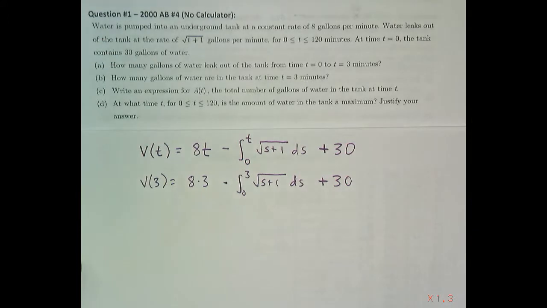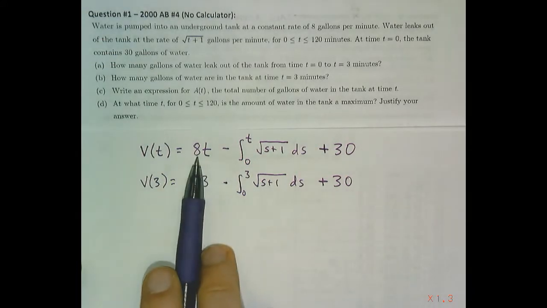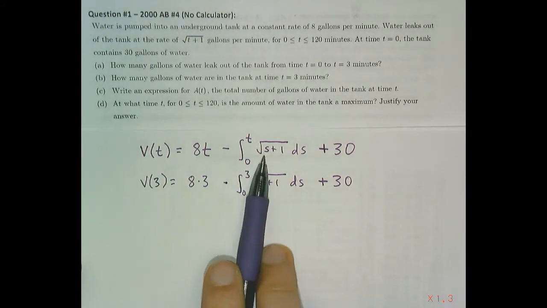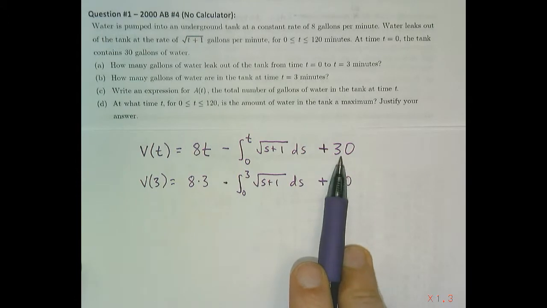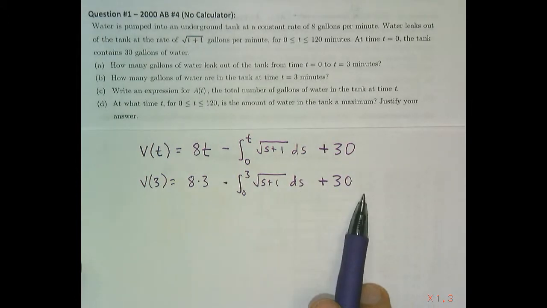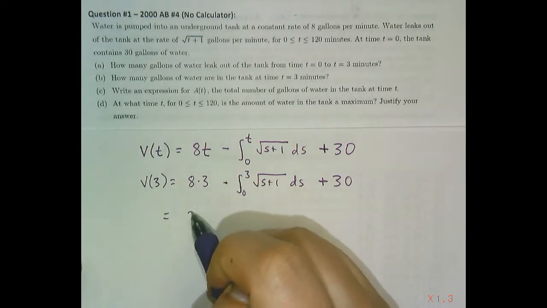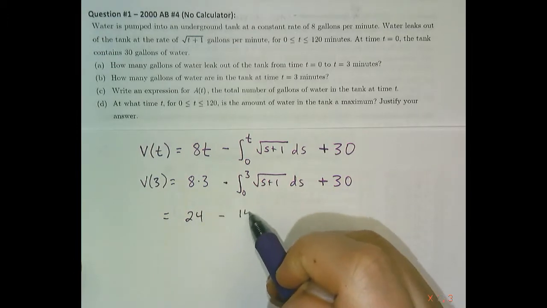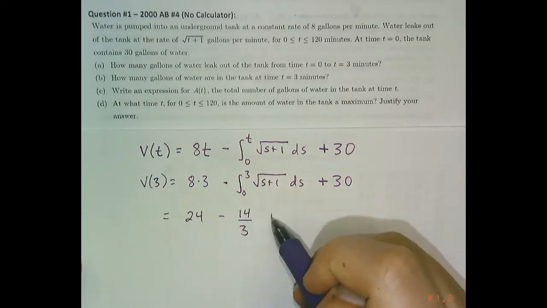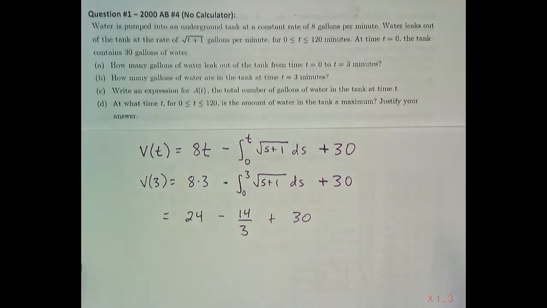Okay. So added to the system, removed from the system, where the system started. So we need to simplify this expression. We get 24 minus 14 thirds plus 30. And that is a numeric answer, and you needn't simplify it any further.